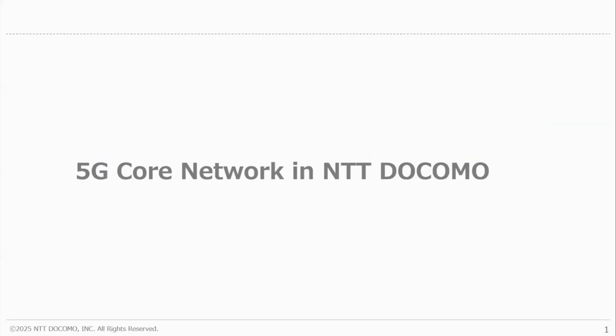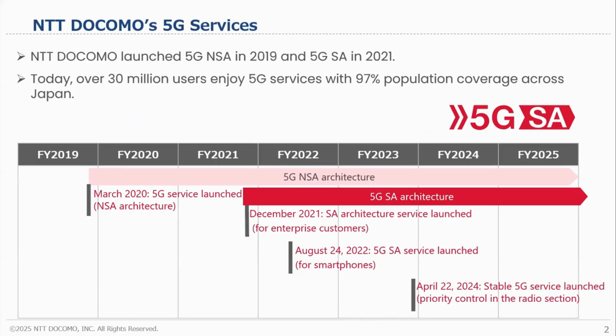So, okay, let me briefly explain about the 5G core network. Yes, NTT DOCOMO is one of the mobile operators in Japan. We launched 5G services in 2019, starting with 5G NSA.